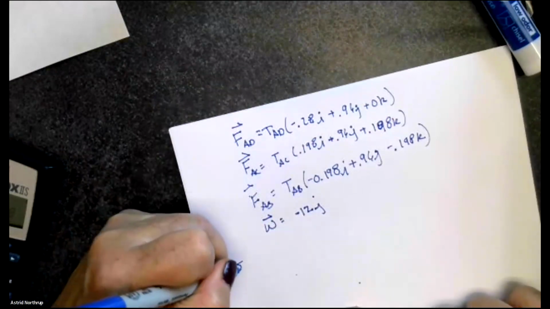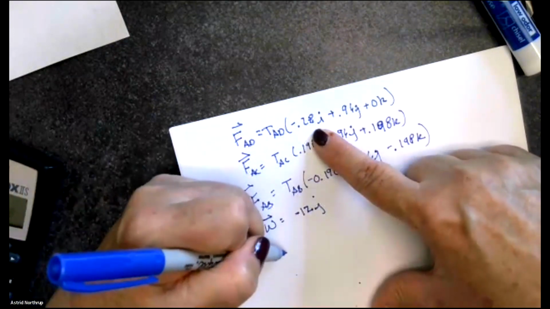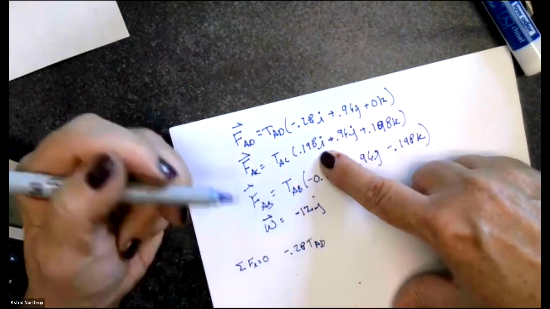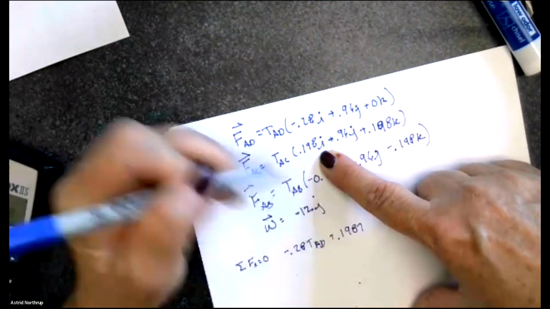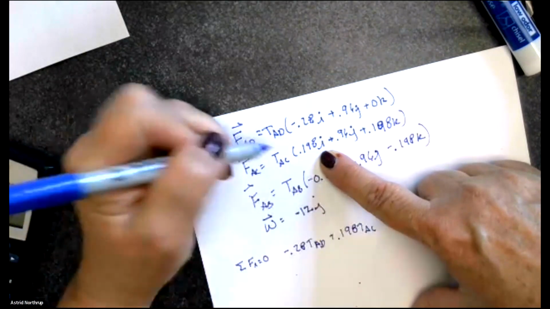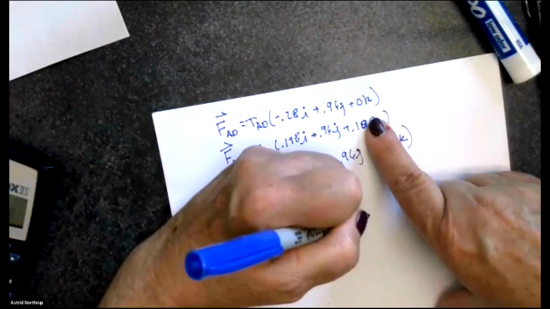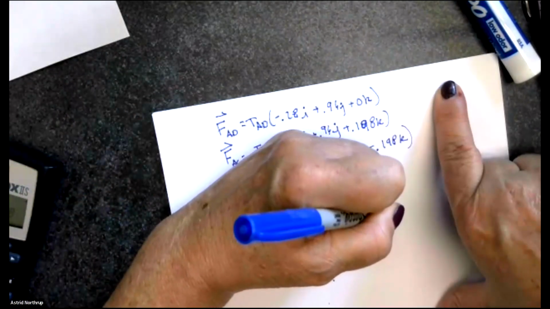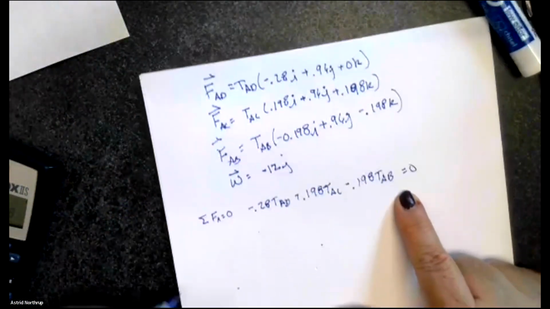All right, summation of forces in x equals 0. I say negative 0.28 times TAD plus 0.198 TAC minus 0.198 TAB. In order for equilibrium, those have to equal 0.